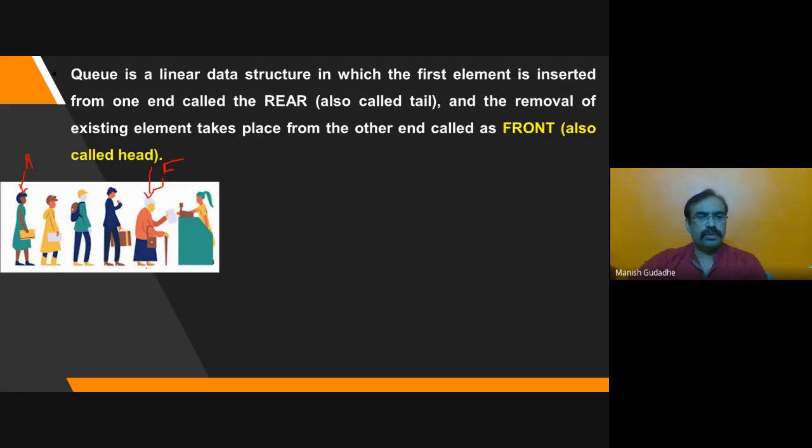This is the first member who is going to exit first, then this man will become the first element, then once he exits, the other man will become the first element, and so on. But if someone wants to enter, he will have to stand behind this lady. That means if someone is getting added to the queue, they are added from the rear end, and if someone wants to exit the queue, they have to exit from the front. So that's the analogy we are following in the queue.